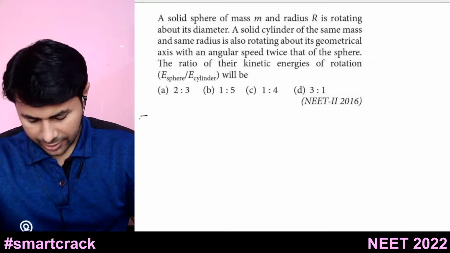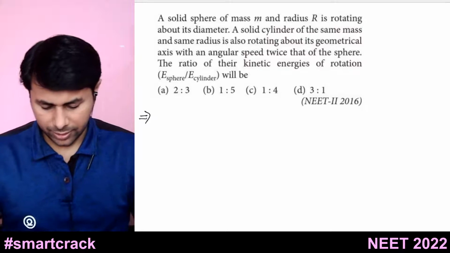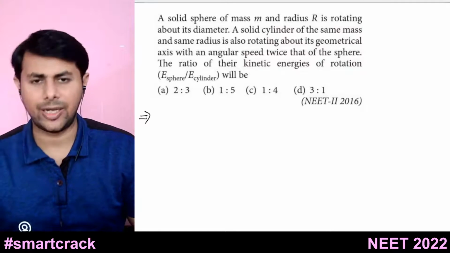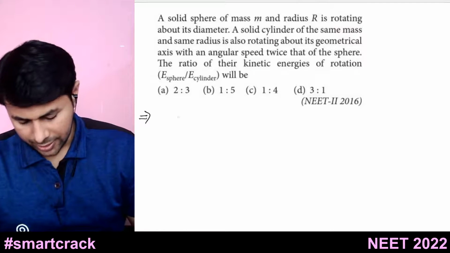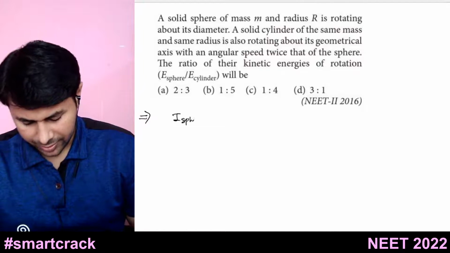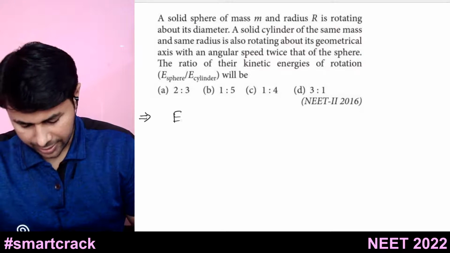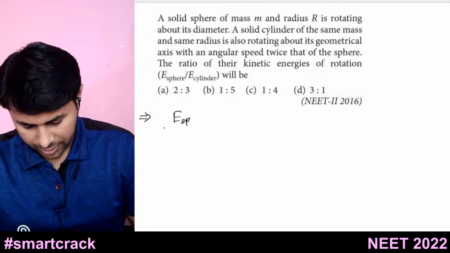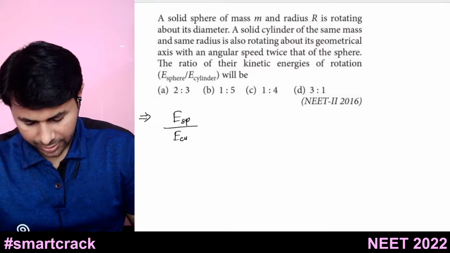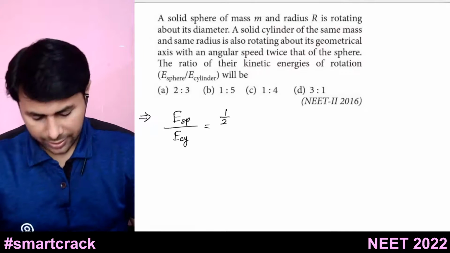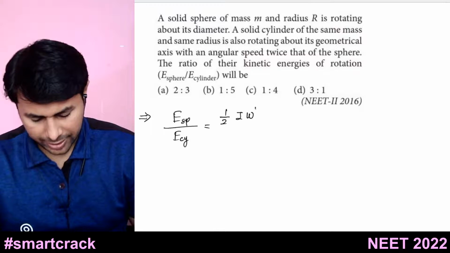This is a simple problem. We want to find energy of sphere divided by energy of cylinder. We know the formula for kinetic energy, it is half I omega square.